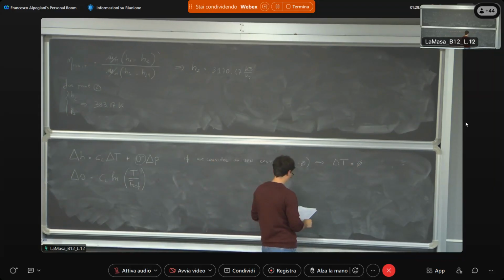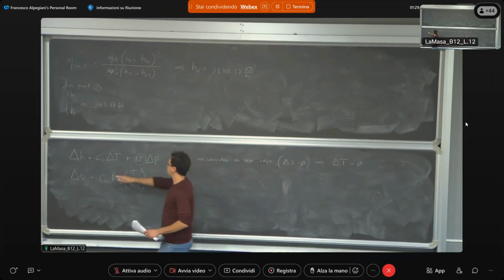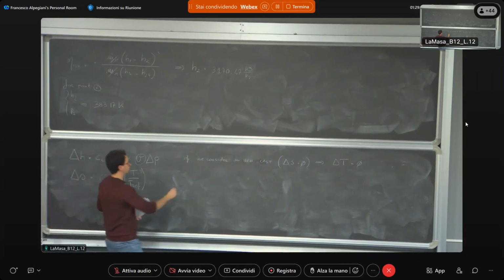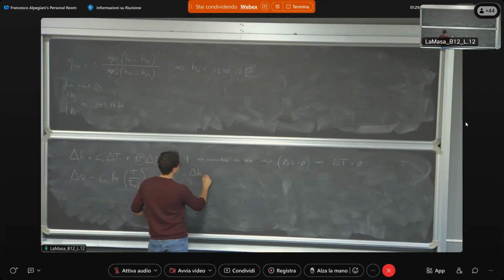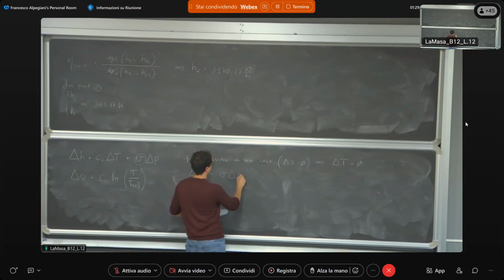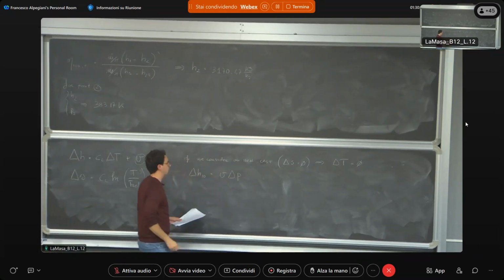And considering the delta H, which is essentially the work of the pump, in an ideal case, delta H ideal will be equal to just v times the difference in the pressure.